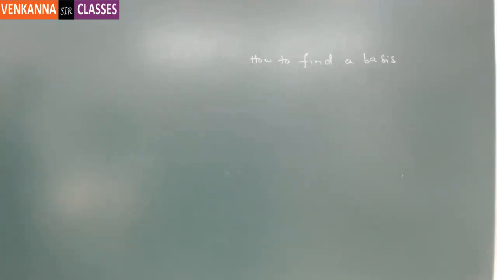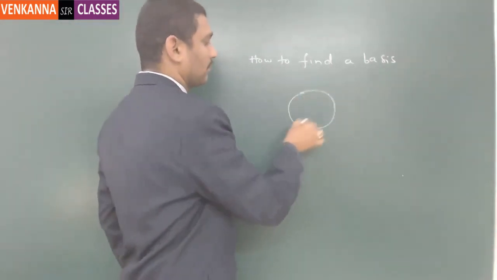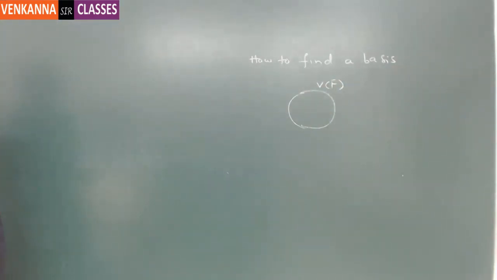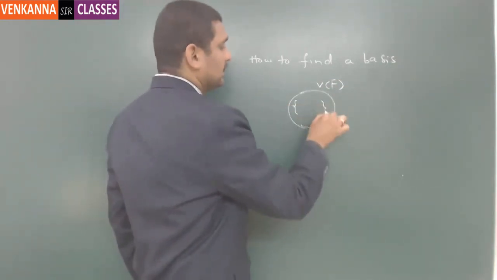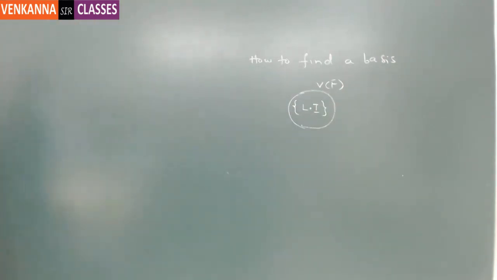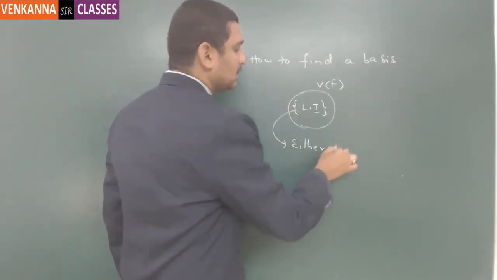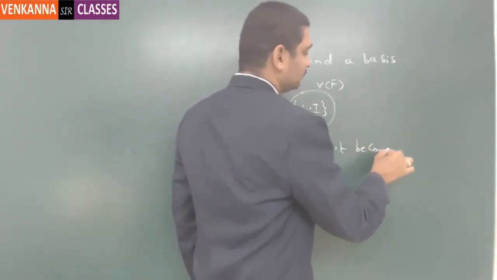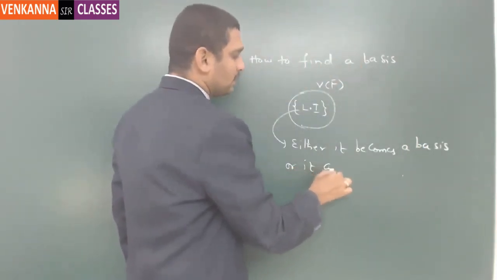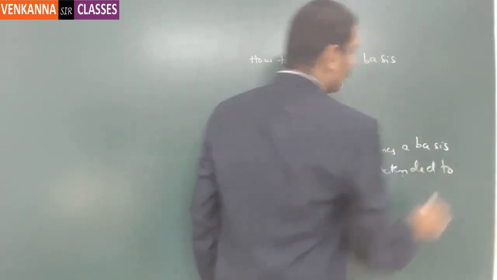For this, there is one small result: if you take a vector space V of F and consider a linearly independent set in it, then either it becomes a basis or it can be extended to form a basis.